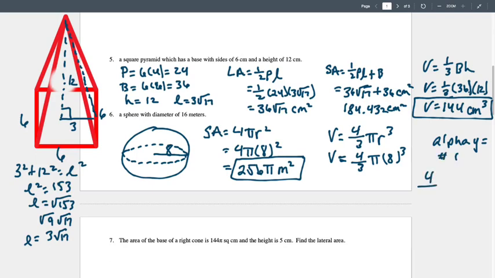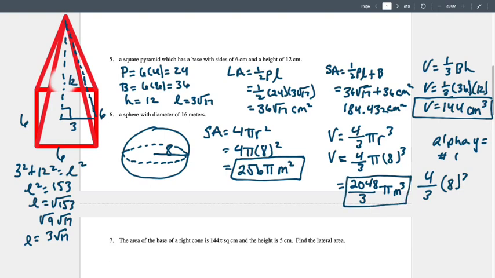Type it in just like this, 4/3, and then parentheses 8 cubed. Your calculator will give it back to you as a fraction. You don't have to worry about getting a rounded off decimal. So you get 2048/3 pi, and my units are meters cubed. And that is my volume.